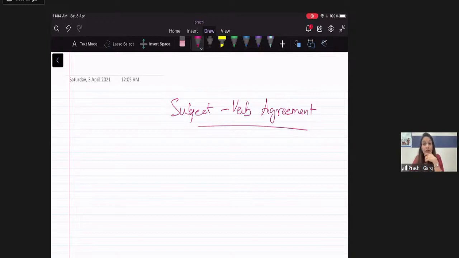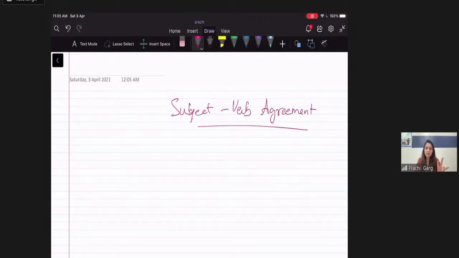Remember, I told you that there are finite verbs that change their form according to the number of the subject and the tense, the timing of the situation. So here, that thing comes into play. The verb has to agree with the subject to convey the correct meaning, to express the right thought. Now, what does that mean?